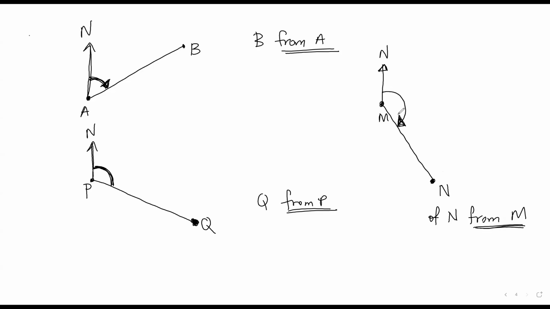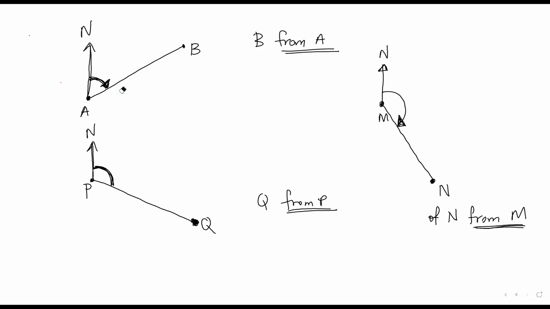In all of these, you have two angles. You have an anti-clockwise angle and you have a clockwise angle. In the first one here, B from A, you also have this angle here. But this would not be the bearing because this is an anti-clockwise direction. Remember, going this direction is anti-clockwise, going this direction is clockwise. So you're always going to choose the clockwise angle.